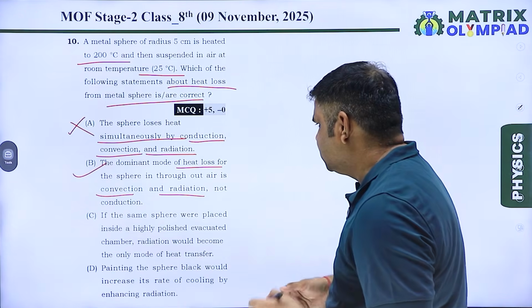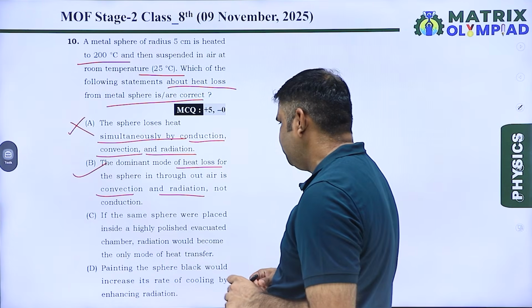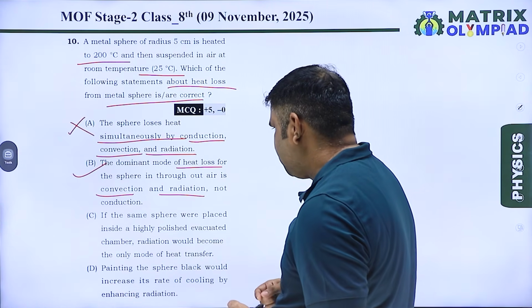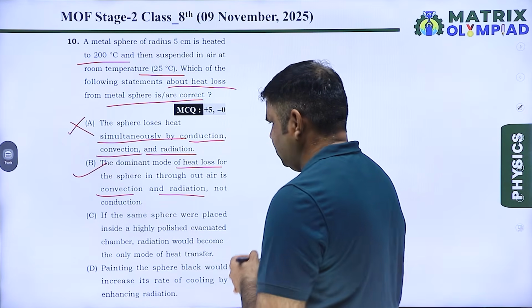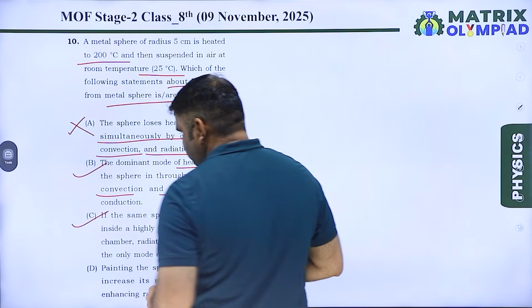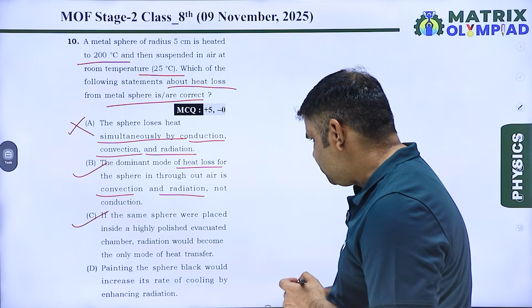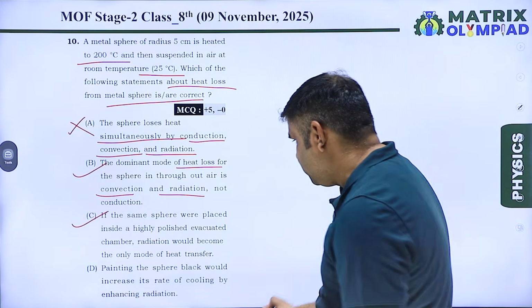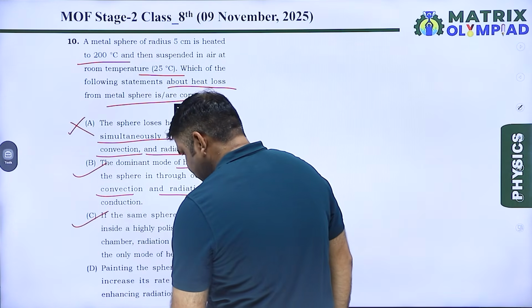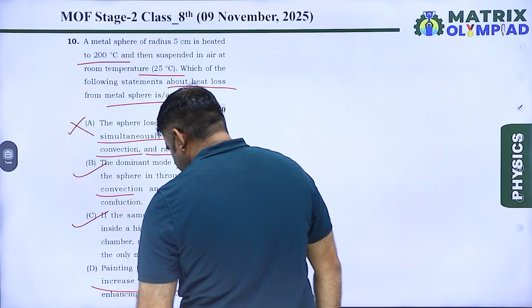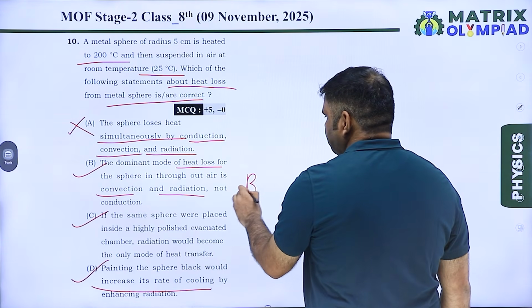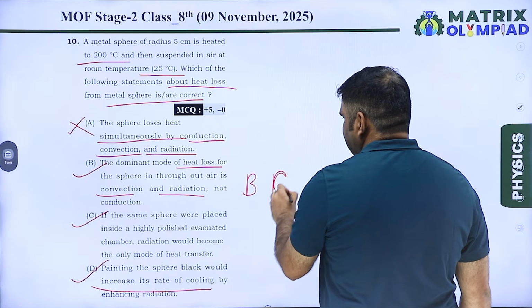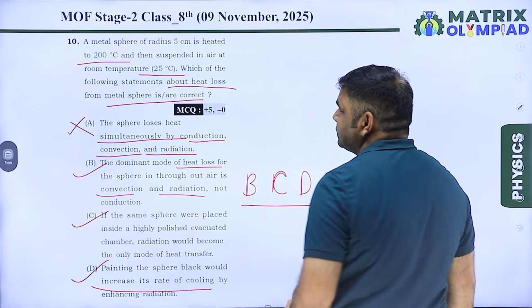If the same sphere were placed inside a highly polished evacuated chamber, radiation would become the only mode of heat transfer. Yes, C is true. Painting the sphere black would increase the rate of cooling by enhancing radiation. Yes, it increases the rate of cooling, so D will be correct. So our correct options are B, C and D for question number 10.